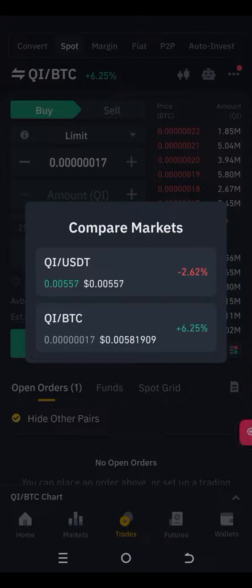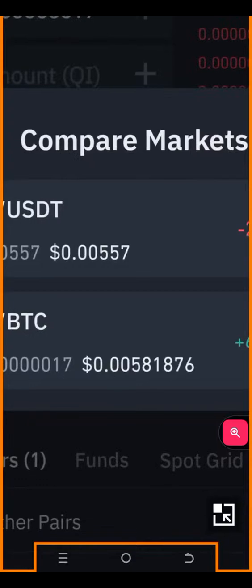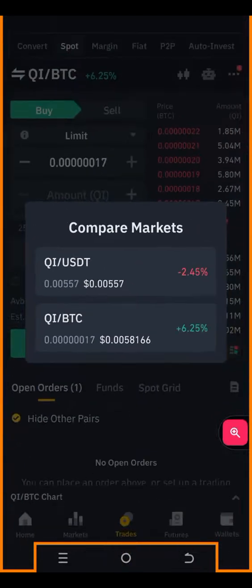Taking a good look at this, let me magnify it for you to see. You'll see that QI BTC is 0.058, while QI USDT is 0.0055. So obviously we know that the cheaper one is USDT. So we're going to start with that.